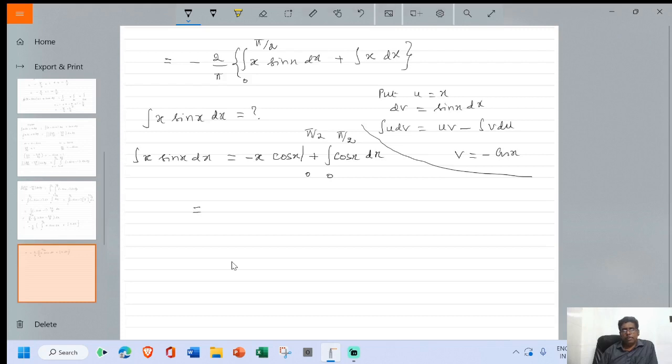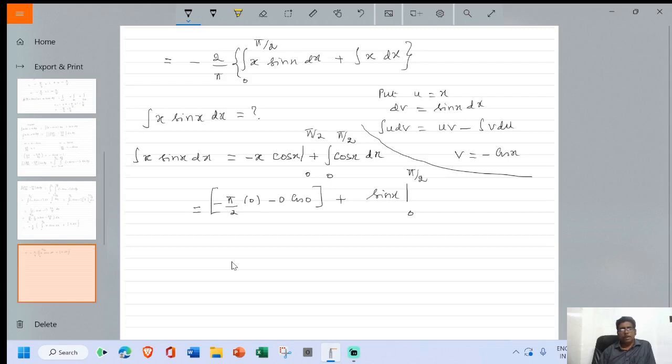This is equal to minus pi by 2 cos pi by 2, minus of 0 into cos 0, plus the integral of cos x, which is sin x, with limits from 0 to pi by 2.